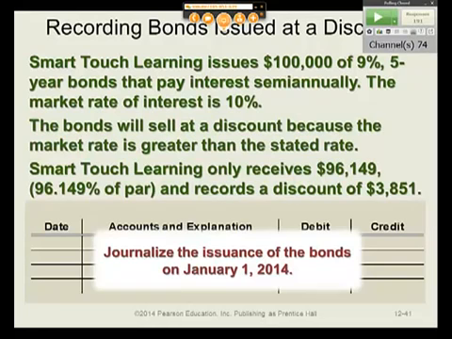The way the discount is calculated is to look at it this way. It's the issue price of 96,149, and of course the par value or the face value is 100,000, and the difference is the discount.